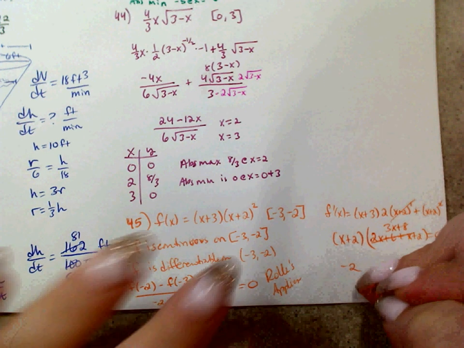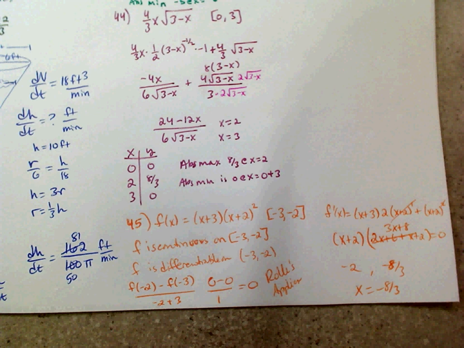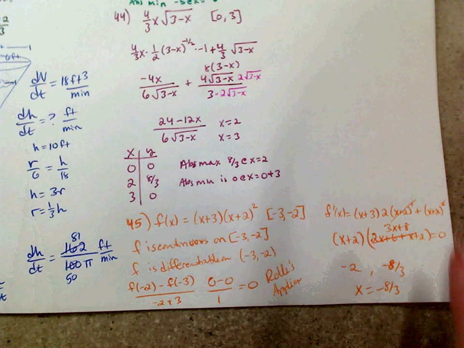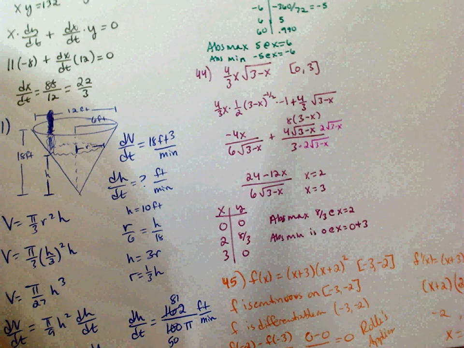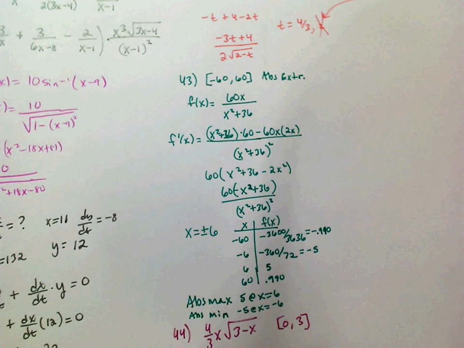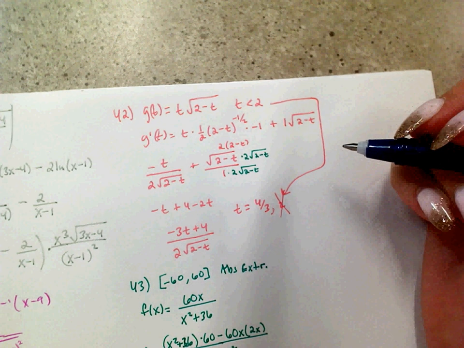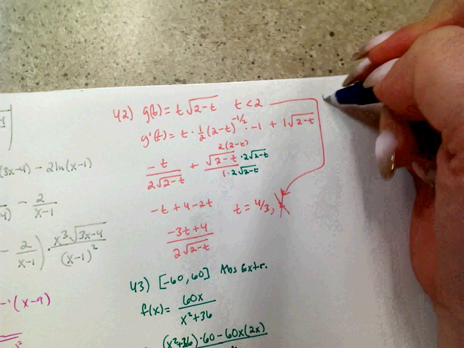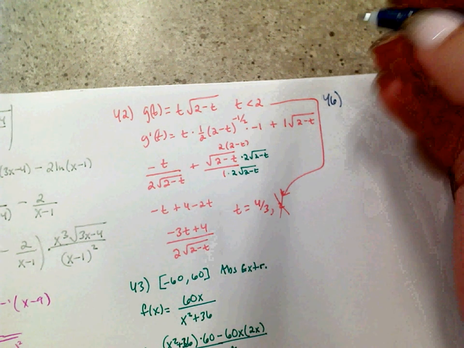Okay, 46. 46 says determine whether Rolle's can be applied to x squared minus 13 over x on the closed interval -13 to 13.